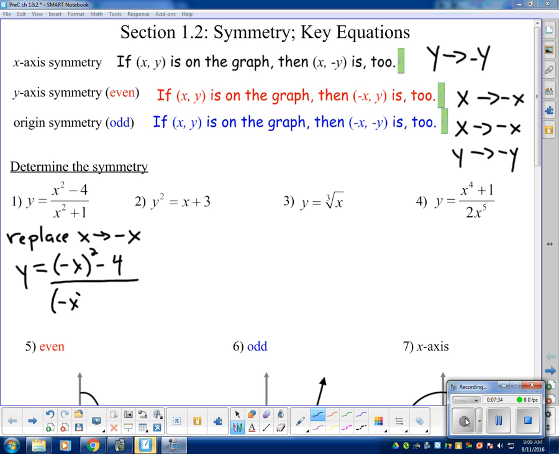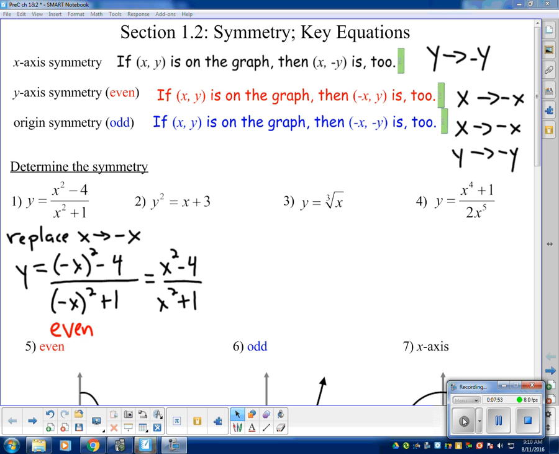So negative x squared plus 1, and that gives me x squared minus 4 over x squared plus 1. This one right here we would say is even. And it's even because when I replaced x with negative x, I got the same equation back. Okay.